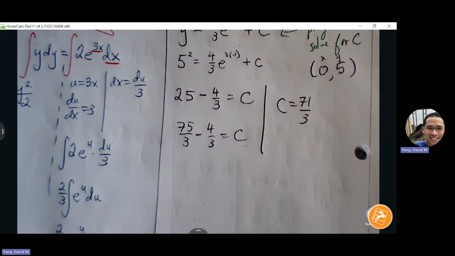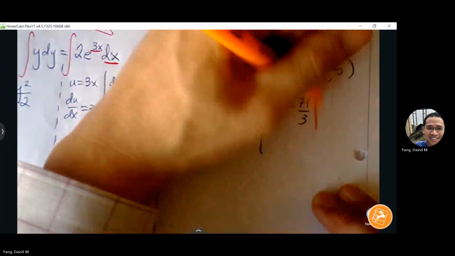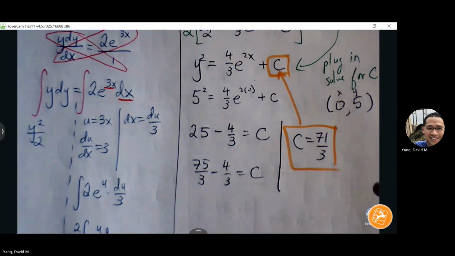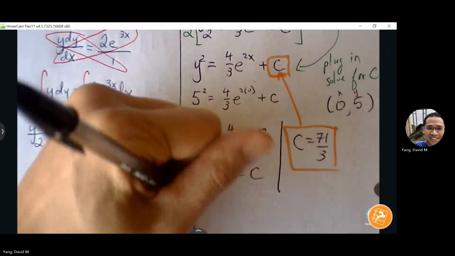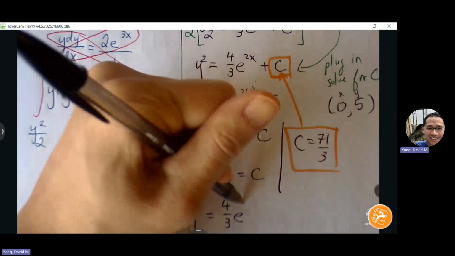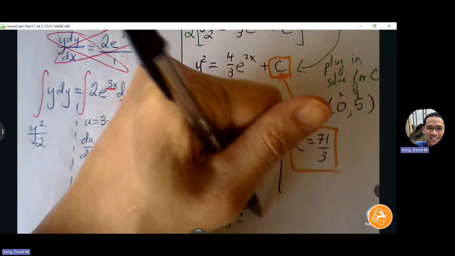Once I have my c value, I'm just going to take this and insert it back where I started, making my substitution for x and y. So I have one more thing left to do, and that is to get that y squared resolved.